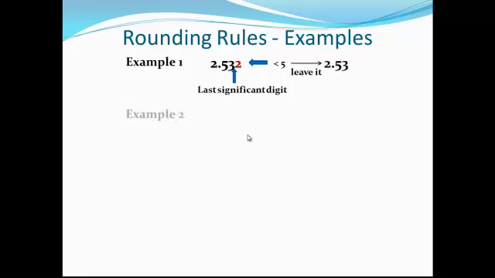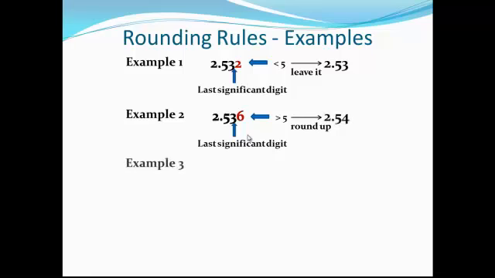Nice and easy. Example number 2, 2.536. Same thing, last significant digit is 3. You have a 6 after it. It's greater than 5, so round up. This one is 2.54.